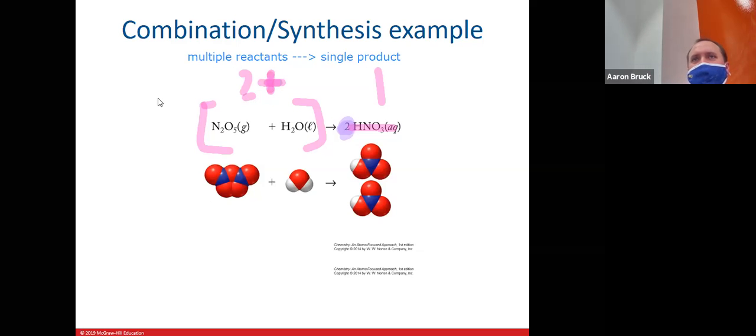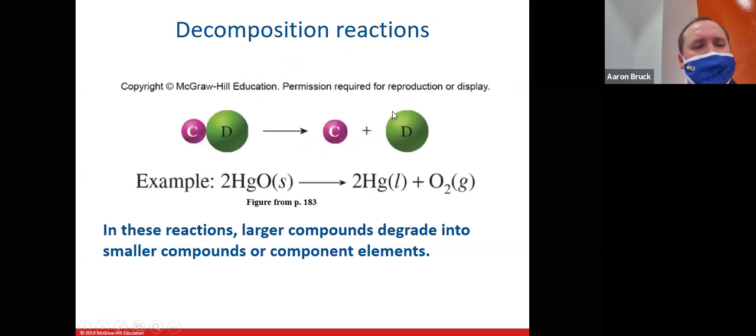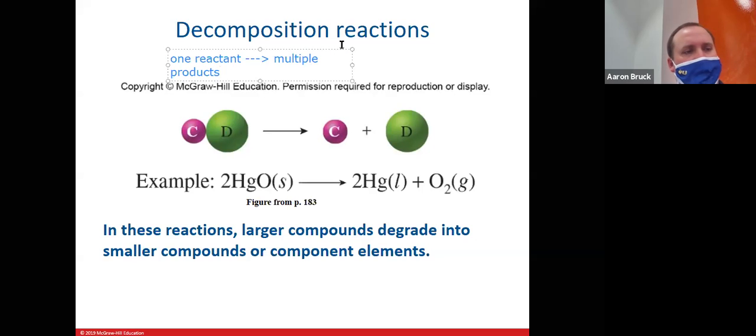Now, combination reactions have an analog known as decomposition reactions. Decomposition reactions are essentially the opposite of a combination reaction. In a decomposition reaction, we have one reactant turning into multiple products. And this can come in a variety of different forms as well.